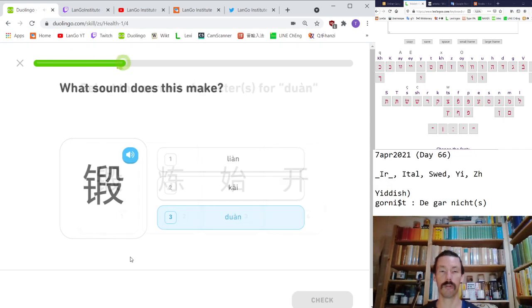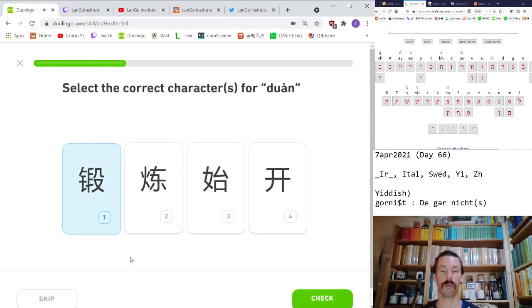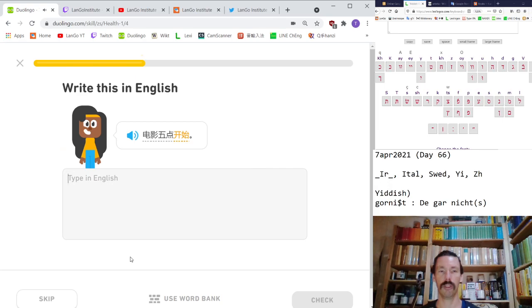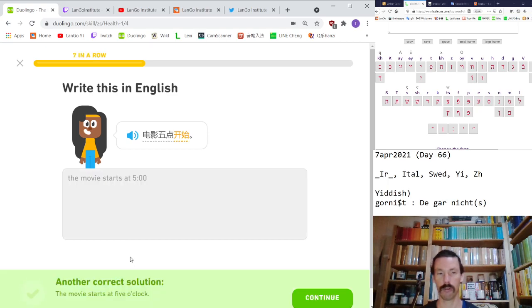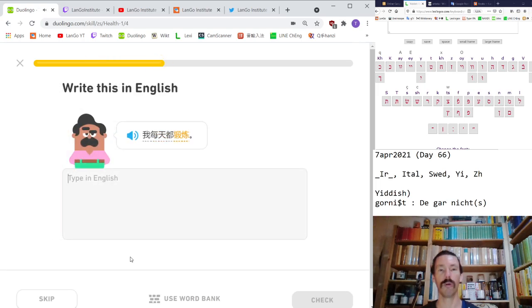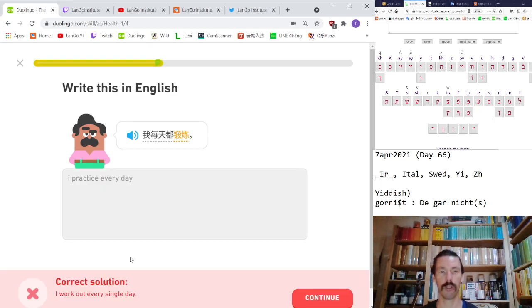To exercise. 电影5点开始。The movie topic. 5 o'clock start means starts at 5. 我每天都锻炼。I practice, train every day. Time a workout is what they want us to say.